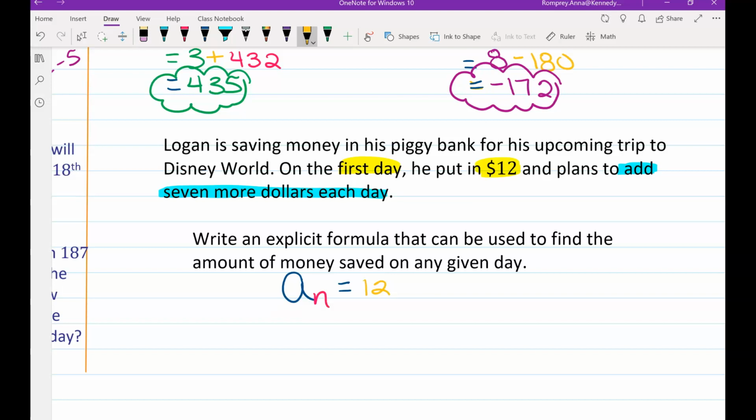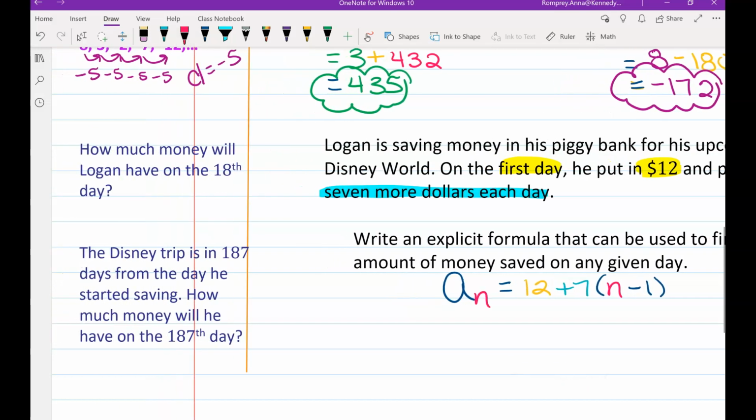What's he doing? Adding 7, so plus 7. And what do we have to multiply it by every time? N minus 1. Whatever term we want to find, minus 1, because we have to take into account that we didn't start at 0. We're starting at a different point, in this case with the $12. So there's our explicit formula.